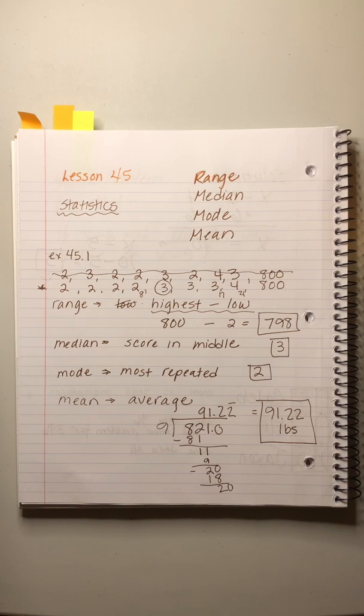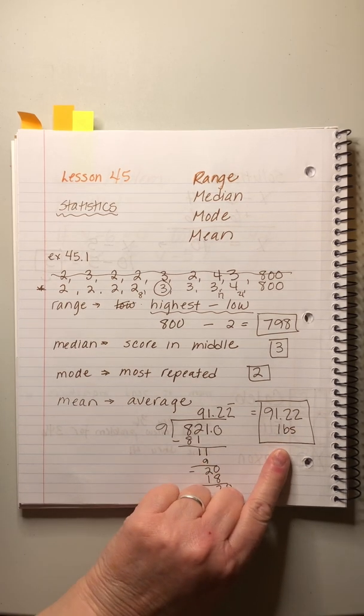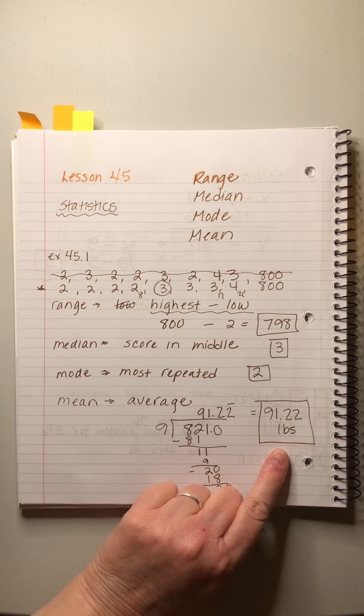So when we divide that out, we see that the average weight of the animals in the shipment was 91.22 pounds.